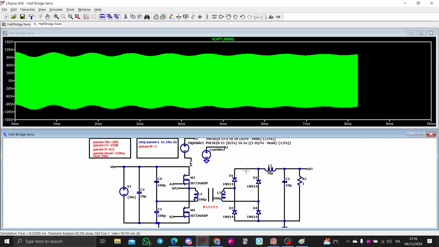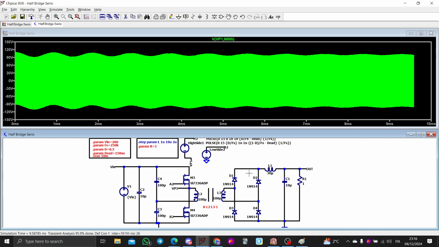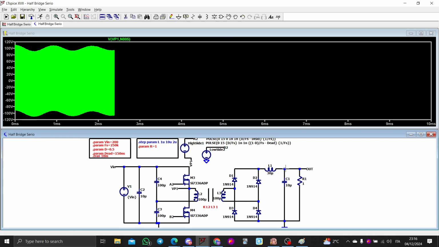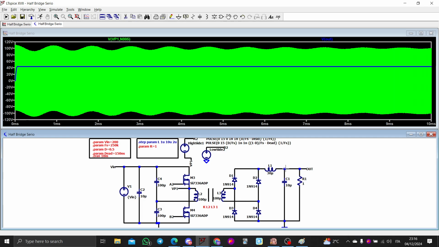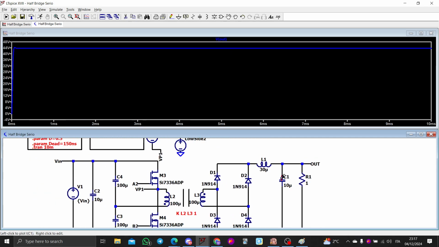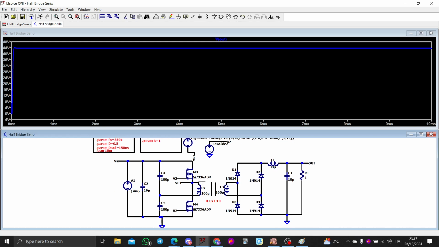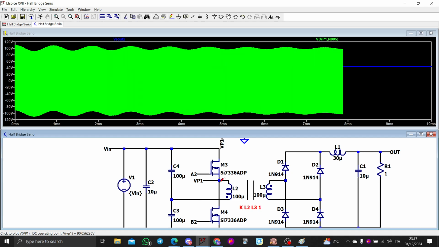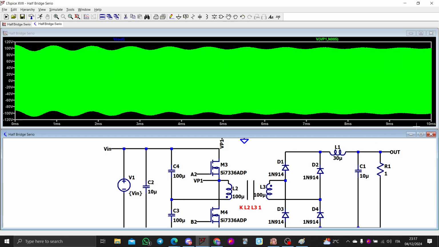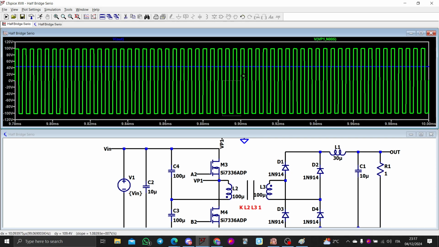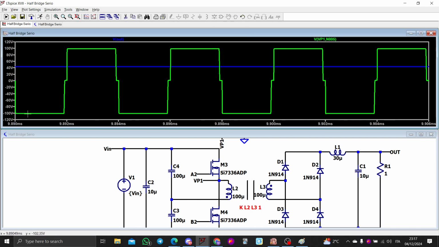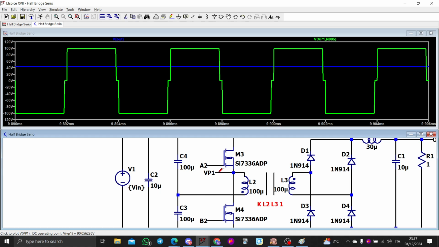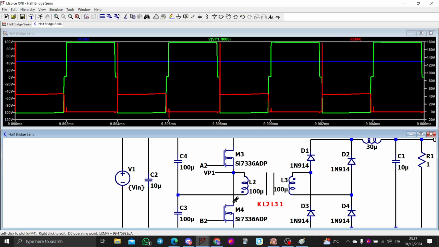For some reason, I do have some oscillation. Ah, yes, of course, because the output capacitor is so low. Oh my god, the output capacitor is so low that I have this oscillation here. But by the way, I do have minus 100 and plus 100. So this is a half bridge configuration. And the primary current is something like this.